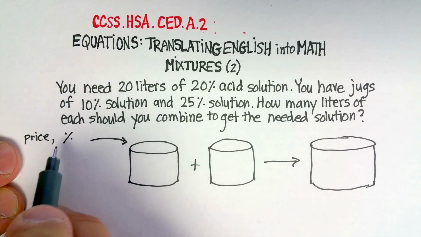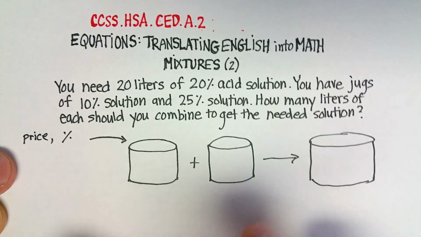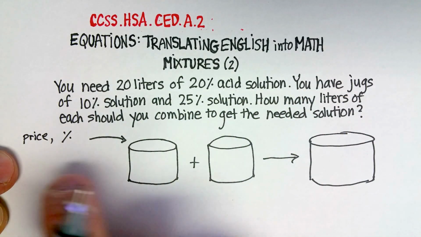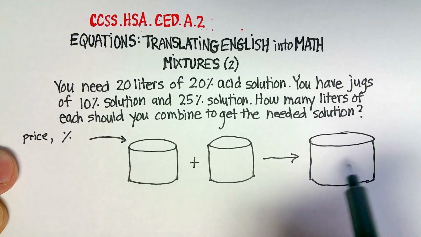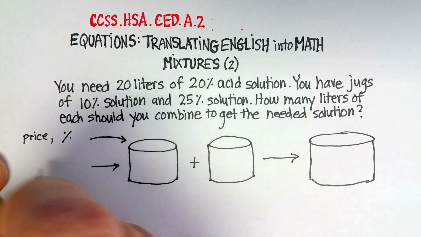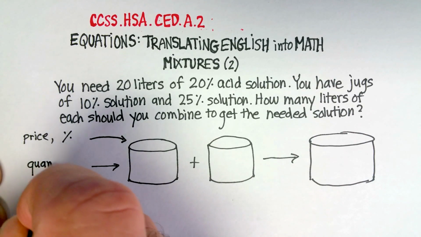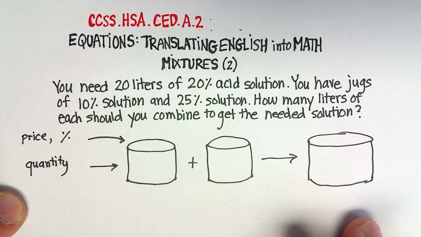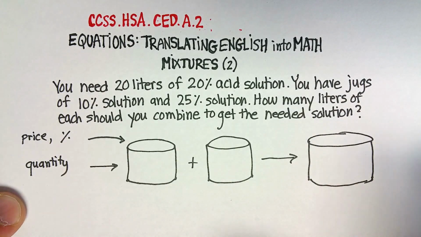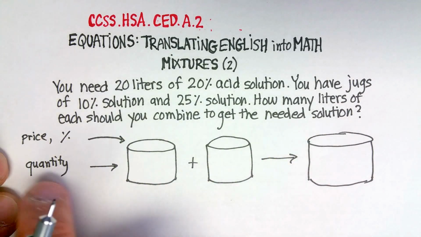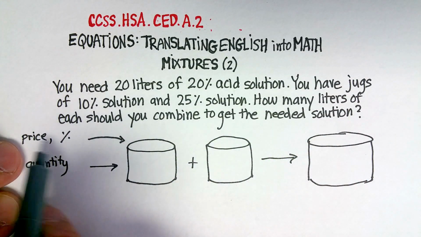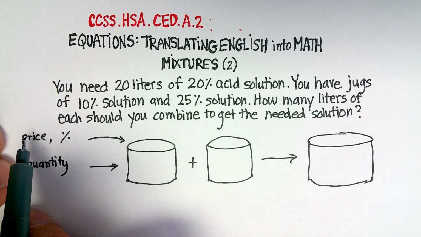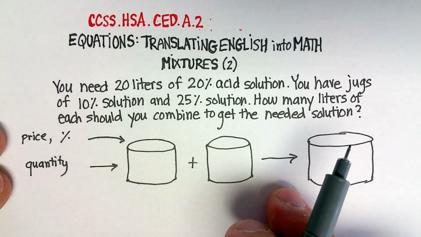In the main body or label, I put the quantity of something, how much of it I have, like pounds or liters. You always put the quantities here, and the prices and percentages up there.